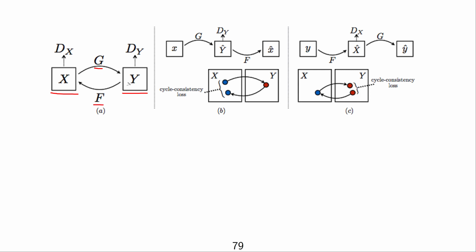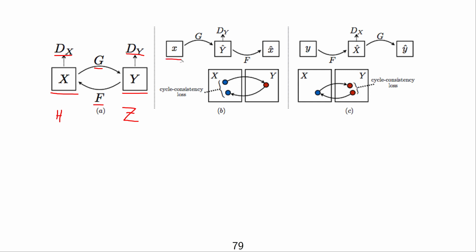G translates from X to Y, and F translates from Y to X. Then we can have two discriminators, one to judge images that are supposedly in space X. So for us, let's just say this is the horse space, and Y is the zebra space. So Dx is going to judge if something looks like a real horse, and Dy is going to judge if something looks like a real zebra.